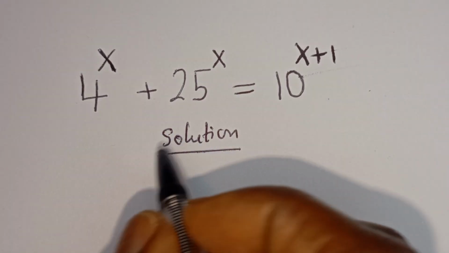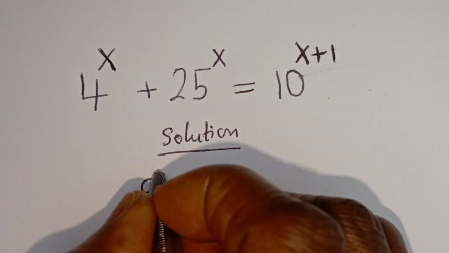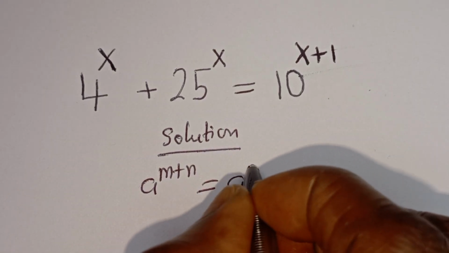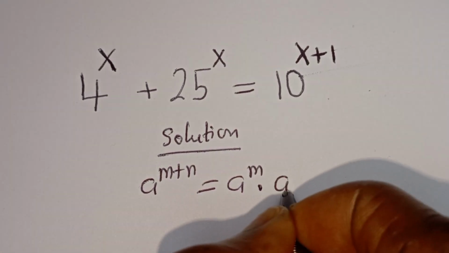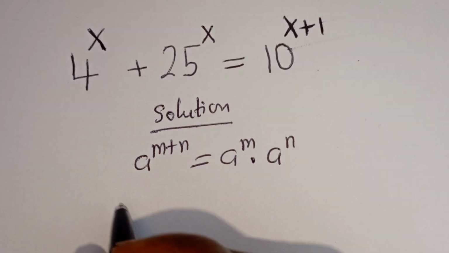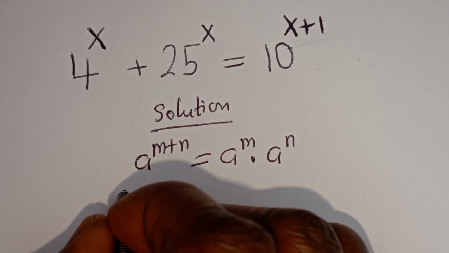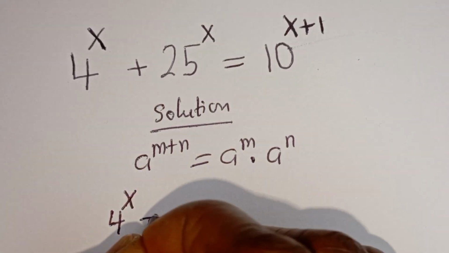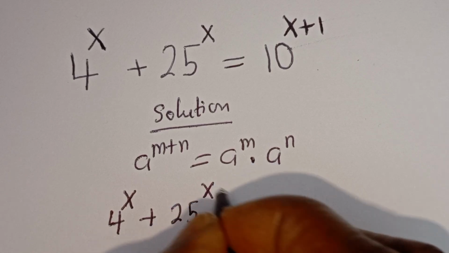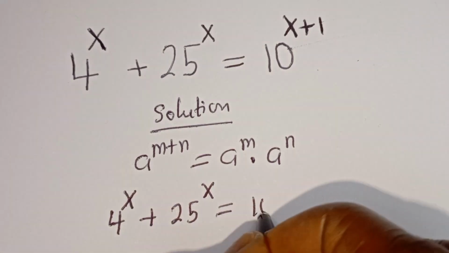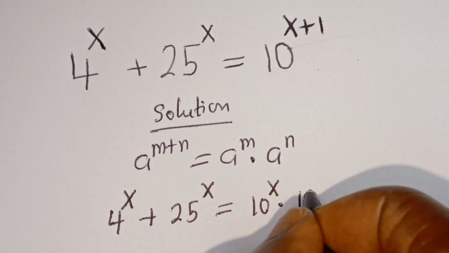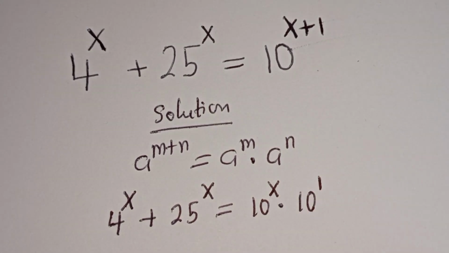Now here, take note of this: if you have a to the power of m plus n, this is equal to a to the power of m multiplied by a to the power of n. This can be written as 4 to the power of x plus 25 to the power of x is equal to 10 to the power of x multiplied by 10 to the power of 1.